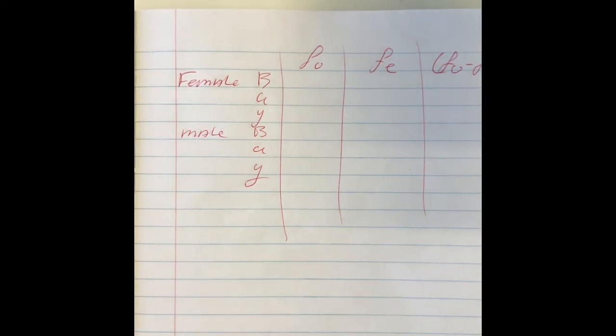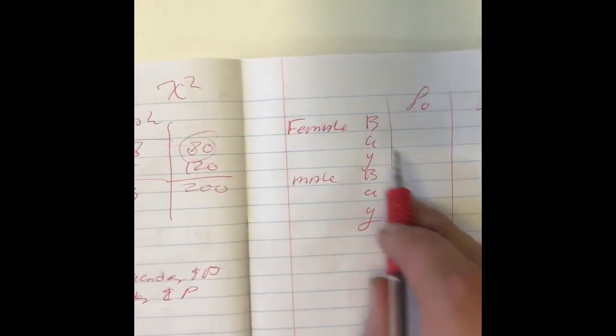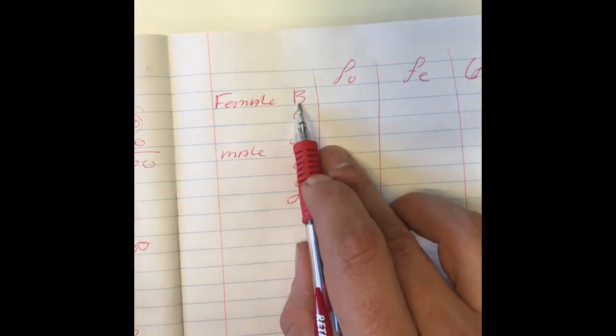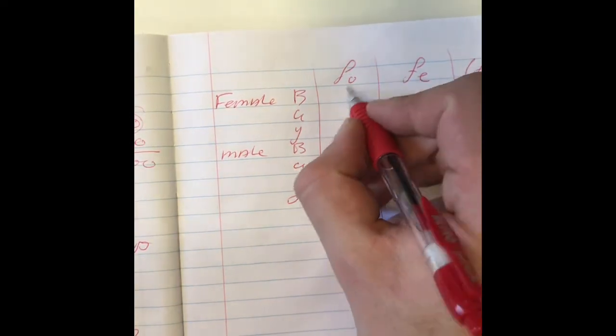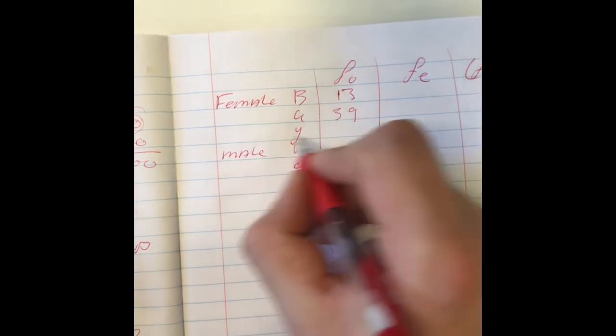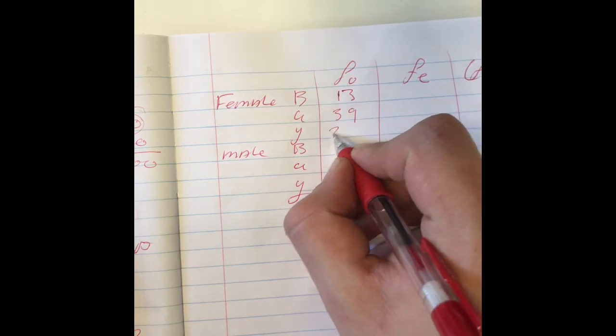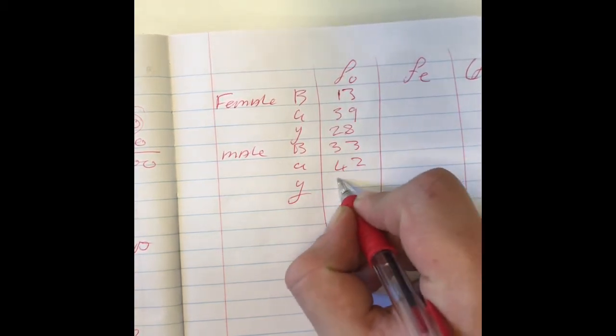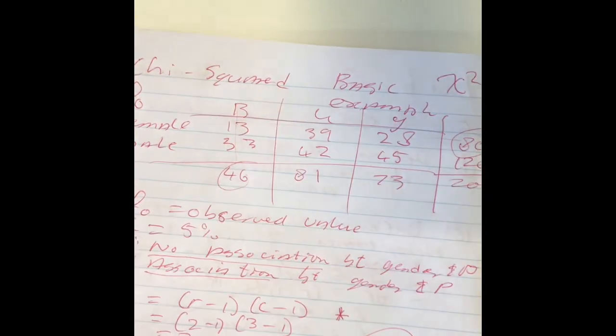Alright, so now let's look. Our female preference for beat is 13, female for growth is 39, female for youth is 28, male is 33, 42, 45. So those values come from here.